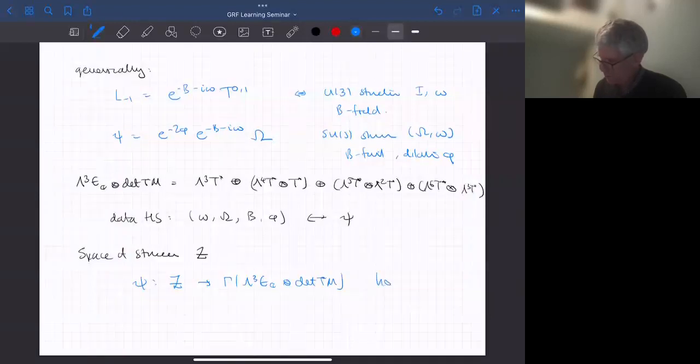And this is a holomorphic map. So this defines, if you like, the complex structure on here.